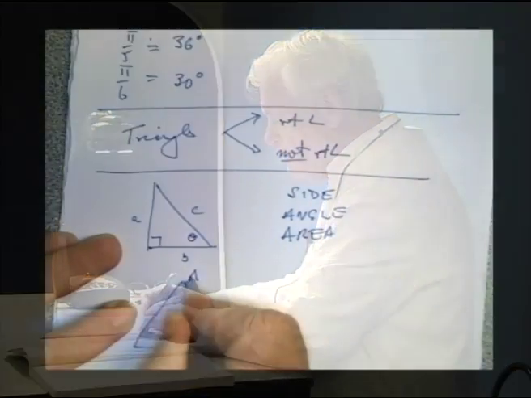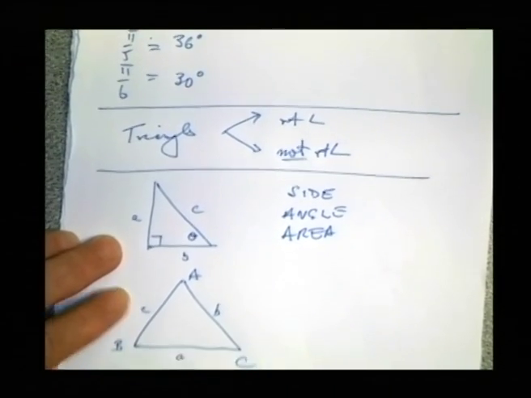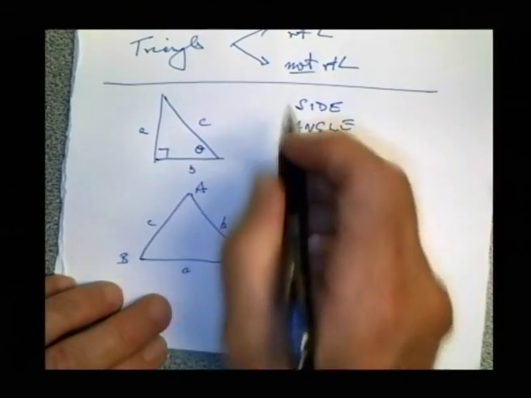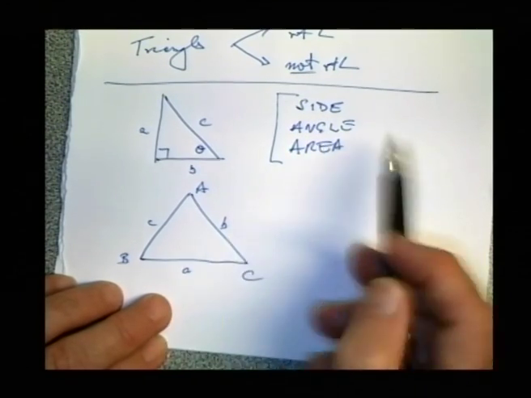The triangles that we really concentrate on in the work in 2-unit mathematics are the triangles which are not right-angled, and so the situation of knowing the sides, angle and area have to be worked out.